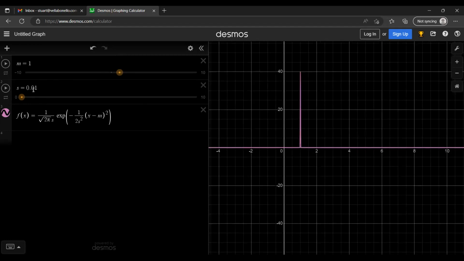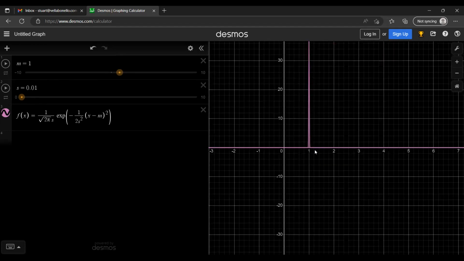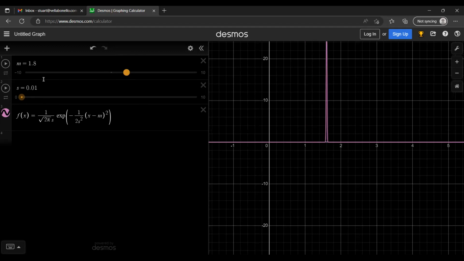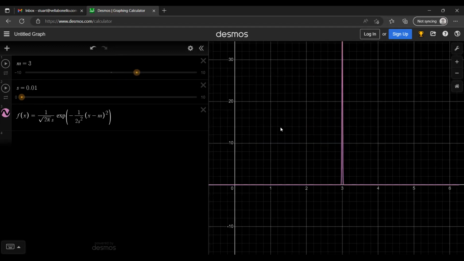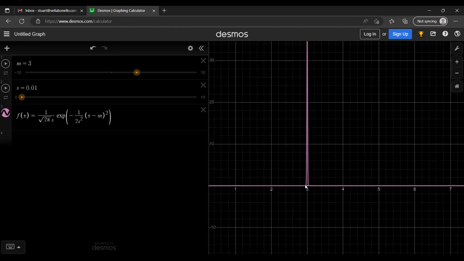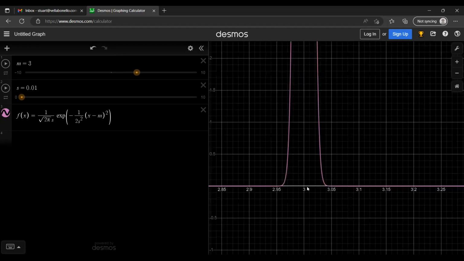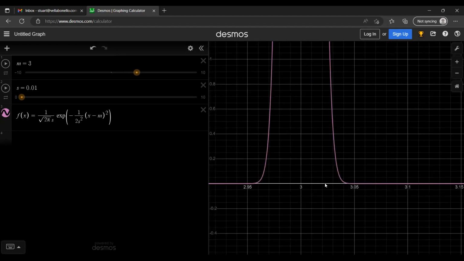Over here, if your standard deviation is quote unquote only 0.01 and my mean is say 3, then nearly all your data is within plus or minus 0.05 of 3. And in a way, this is what we like, right?